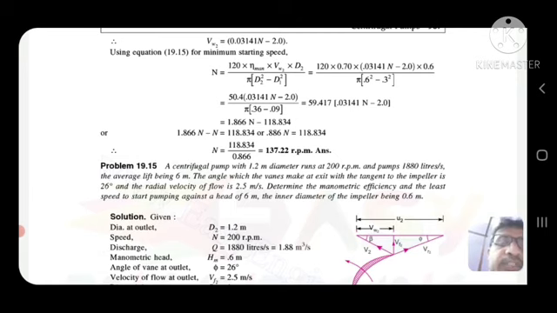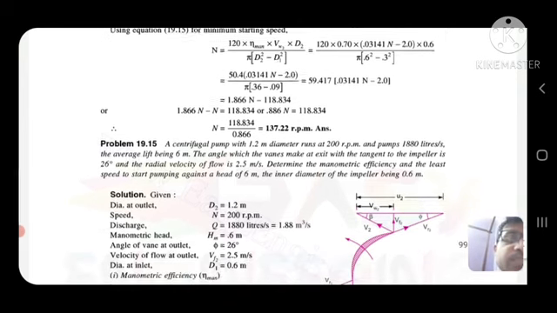So 50.4 (0.03141 N minus 2) divided by pi (0.36 minus 0.09). So 59.417 (0.03141 N minus 2.0). So N equals 1.866 N minus 118.834.